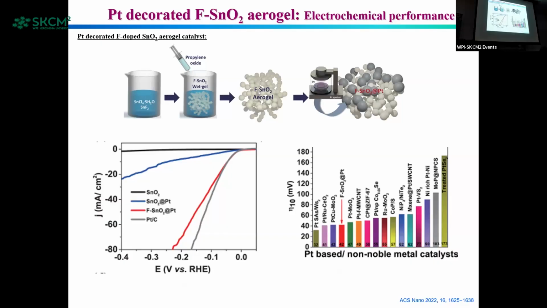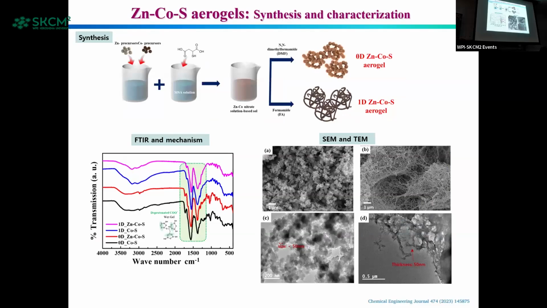We used a sputtering technique to atomically disperse the platinum on the surface of the aerogel, and this platinum-modified tin oxide aerogel can achieve a lower hydrogen evolution reaction overpotential. That potential is mentioned here. It is around 40, which is comparable with previously reported results. So we obtained a very low overpotential for that sample.